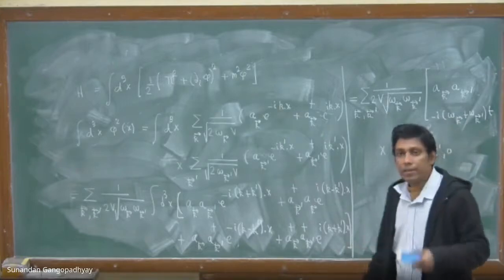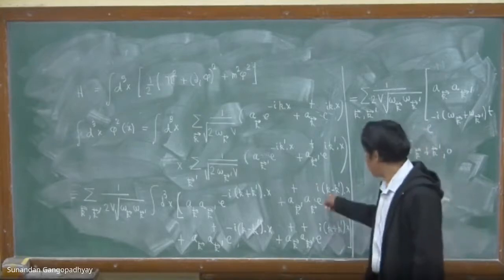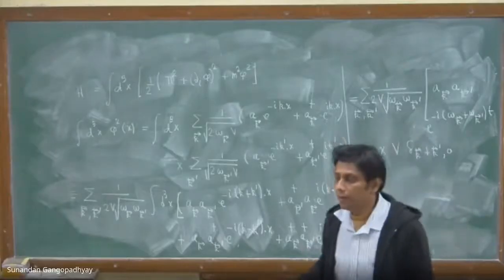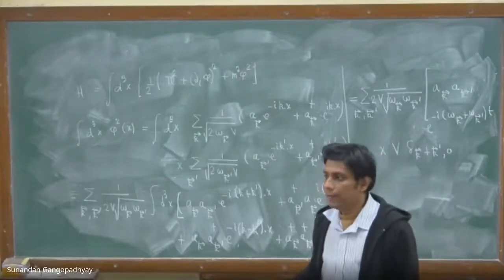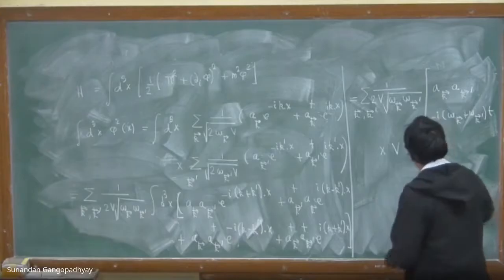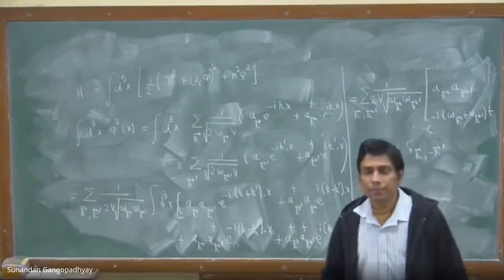And if k vector is equal to k prime vector, then omega k and this. Sorry? Sir, delta k plus k prime comma 0, can we also write it as delta k comma minus k prime? Absolutely. Definitely. Both are same. Okay, sir. Yeah, I got it.